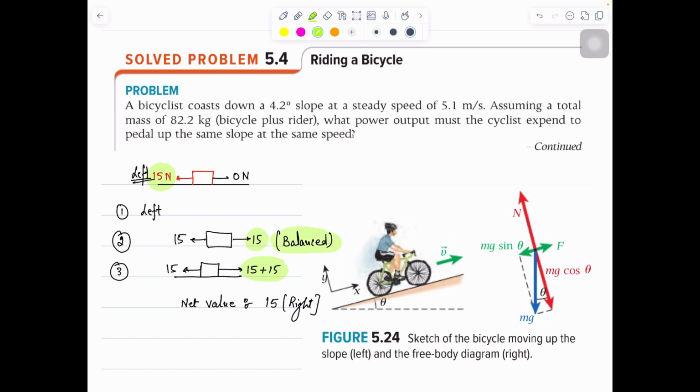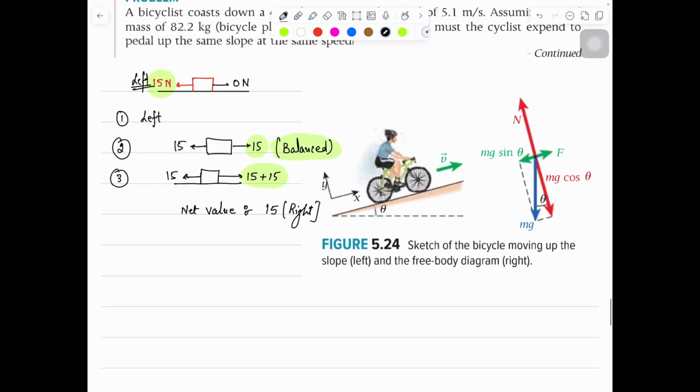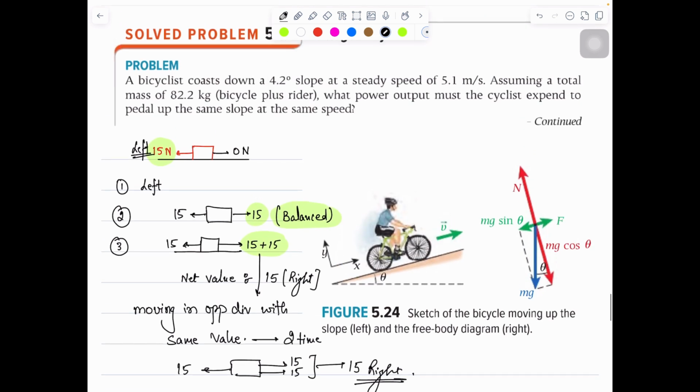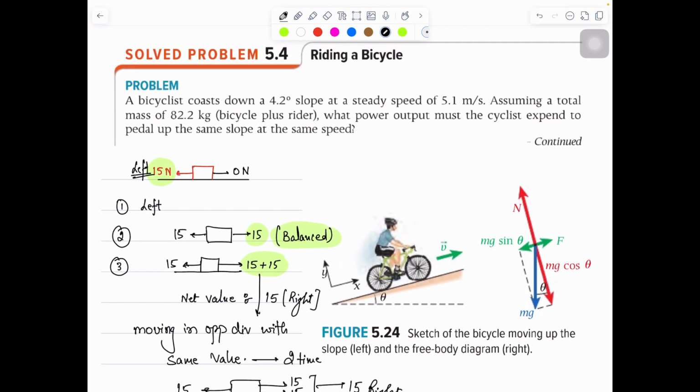But if I need to move in the opposite direction with the same value, it means I need to apply 2 times the value. See, when the body is going this side 15, now I want to go this side, right side, so 15 plus 15, so what is the net value? 15 towards right. Clear? Okay, now you can understand this question.